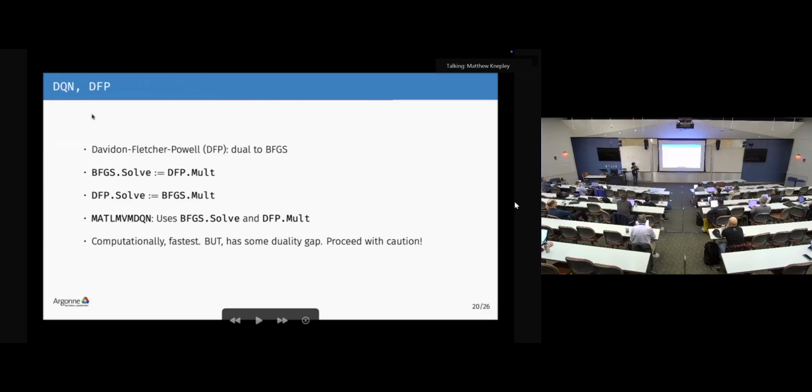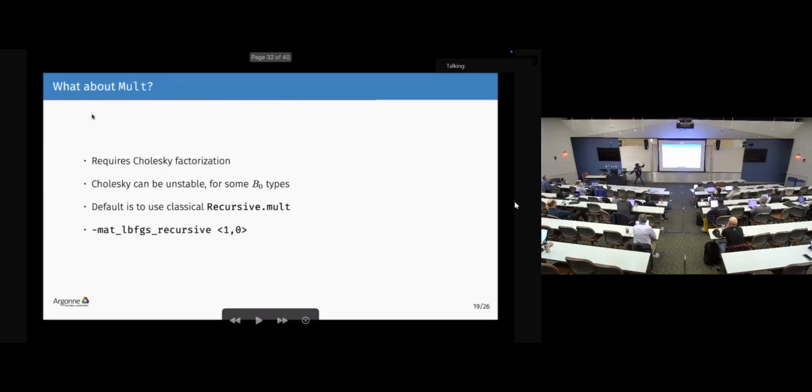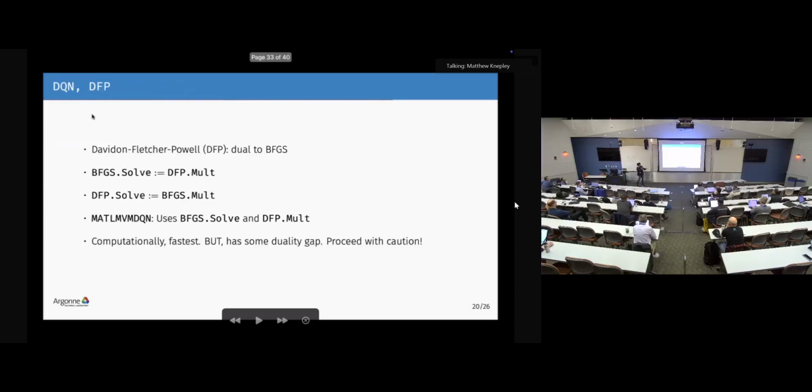Okay, and then there is, okay. I talked about MATMULT, but in the beginning, you may have noticed I talked about the DFP. And okay, so there's a DFP, and DFP is a dual to BFGS. What that means is that BFGS solve is more or less equivalent to the DFP mult, and then DFP solve is more or less equivalent to the BFGS mult.